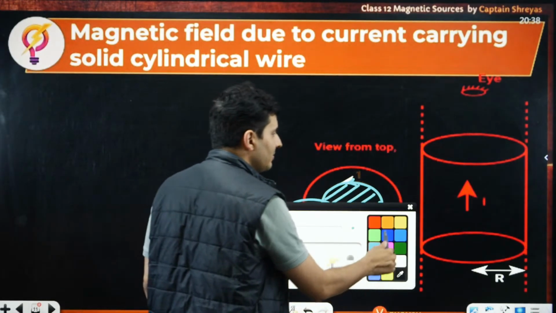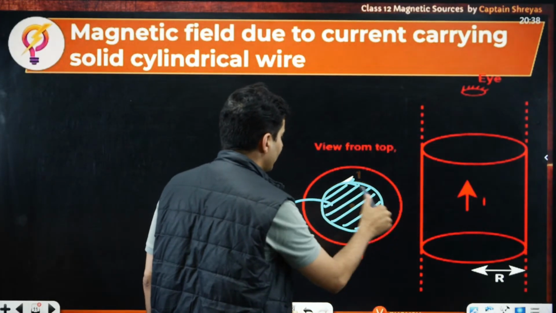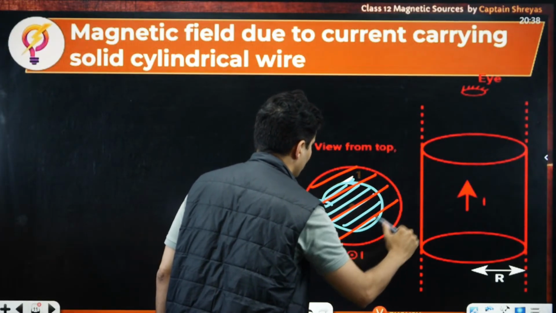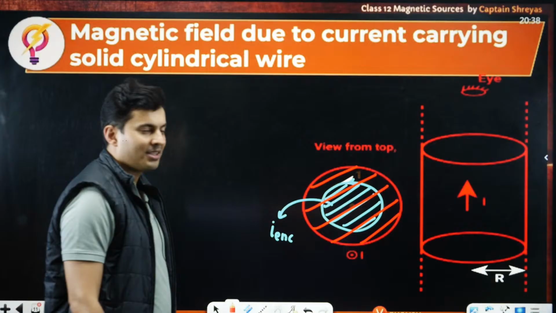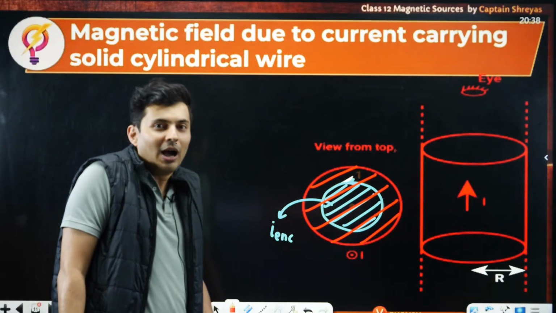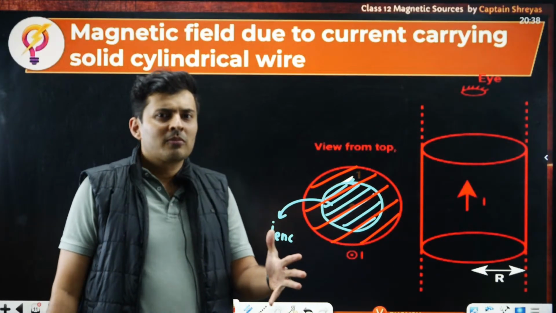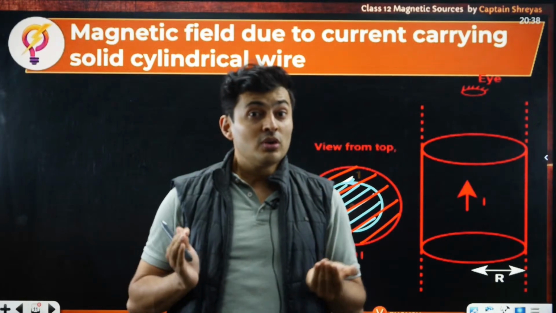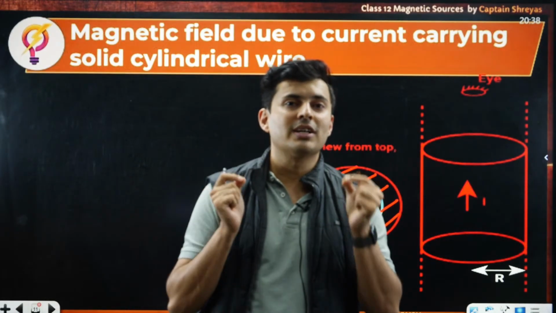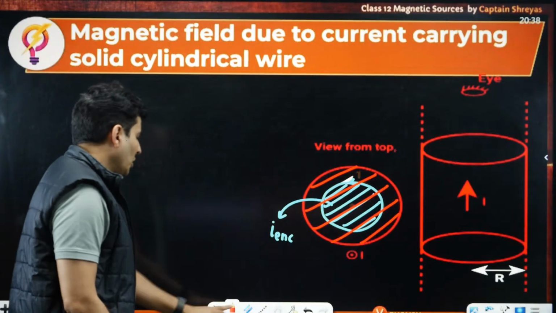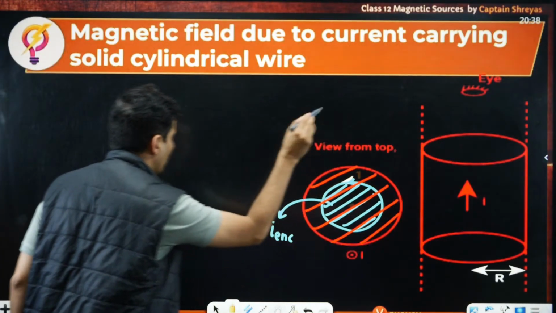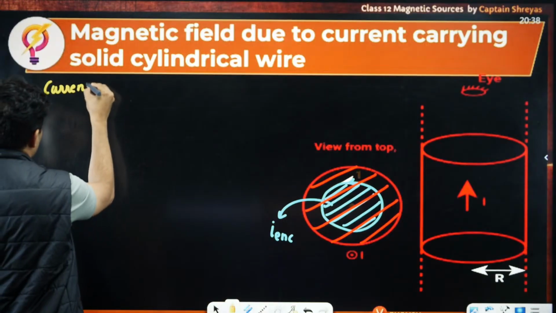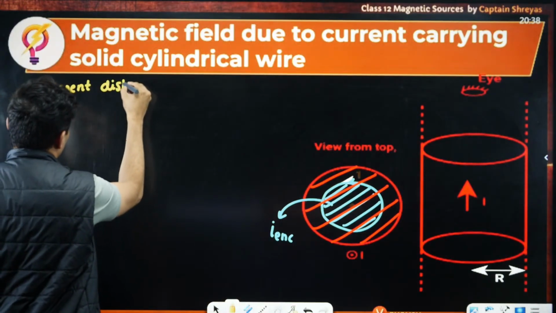But strictly speaking, the current is actually going throughout the cross section. Oh, what to do now, sir? Hold on. I mean, current will be flowing uniformly. So if that is the case, the density of the current will be the same. So that is the crux of the problem here. The current is distributed uniformly.